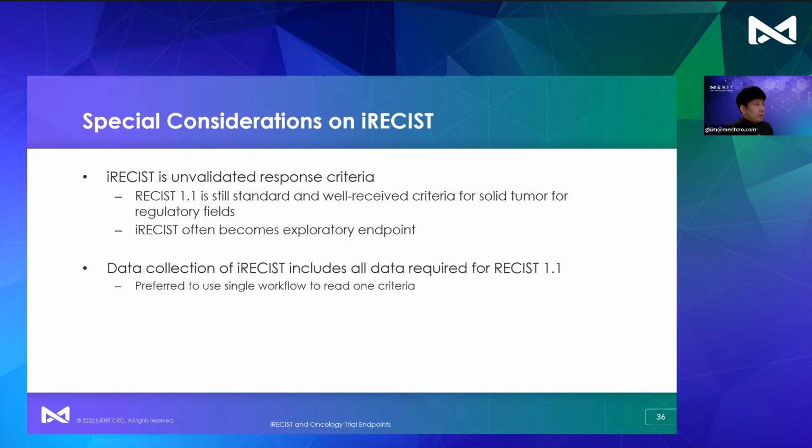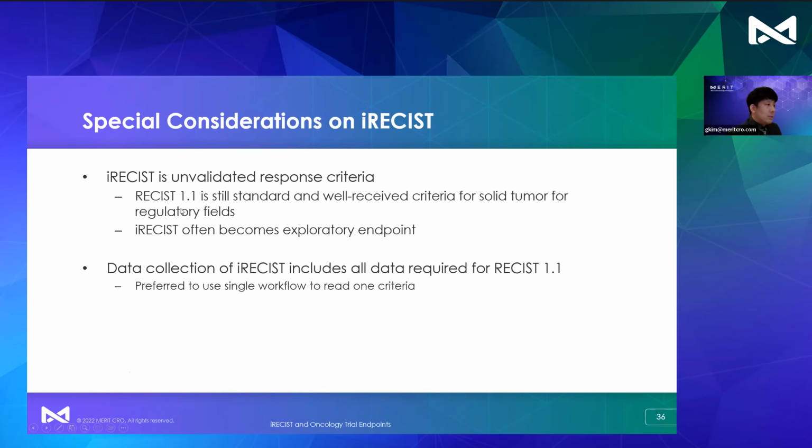Also, another thing to consider is that iRECIST is still not a validated response criteria. So RECIST 1.1 is still the standard and well-accepted criteria for solid tumors, and iRECIST often becomes the exploratory endpoint.